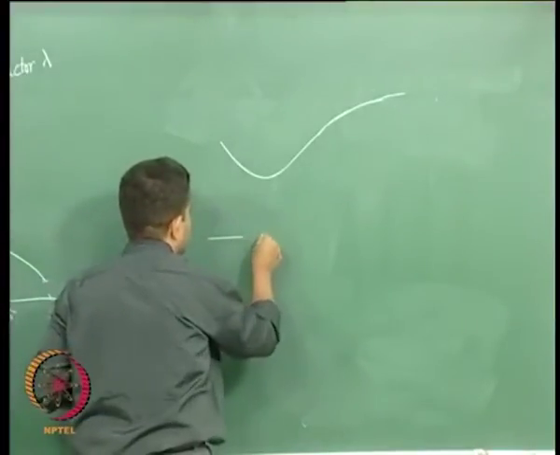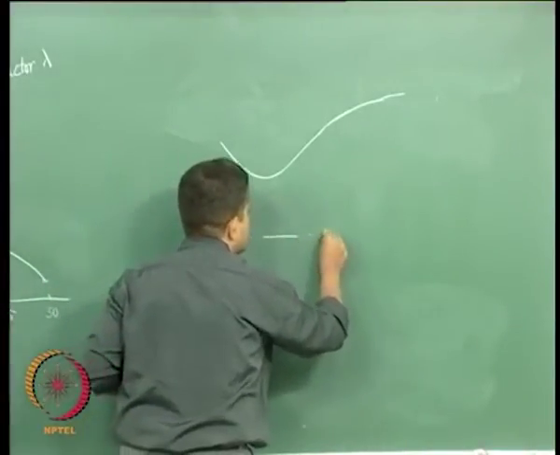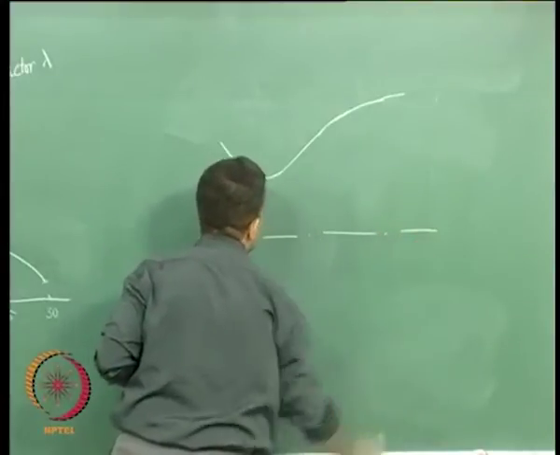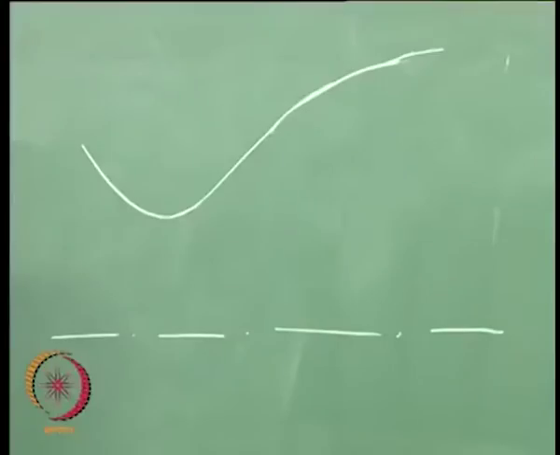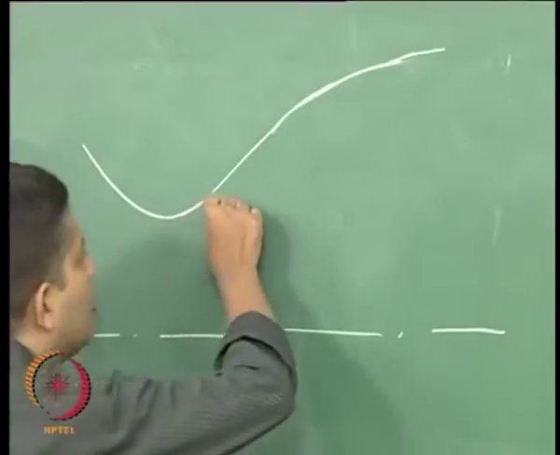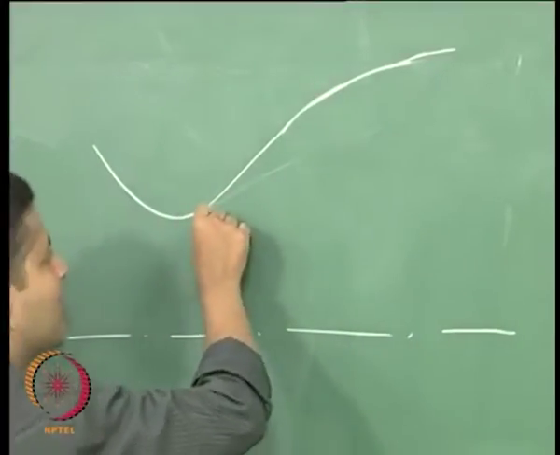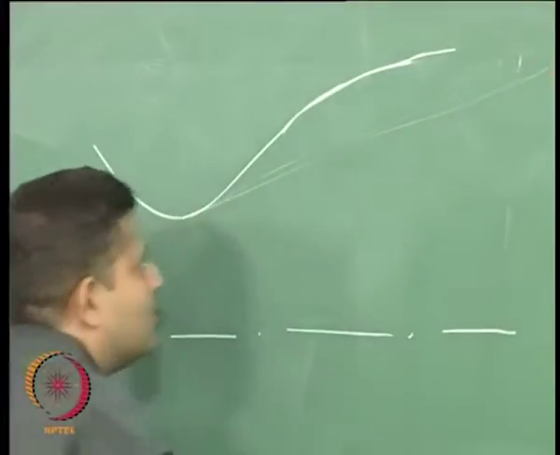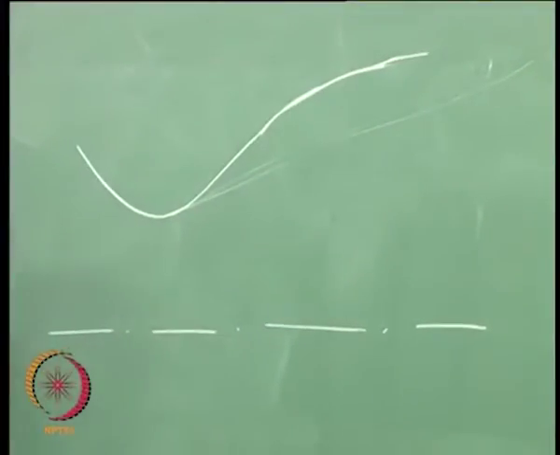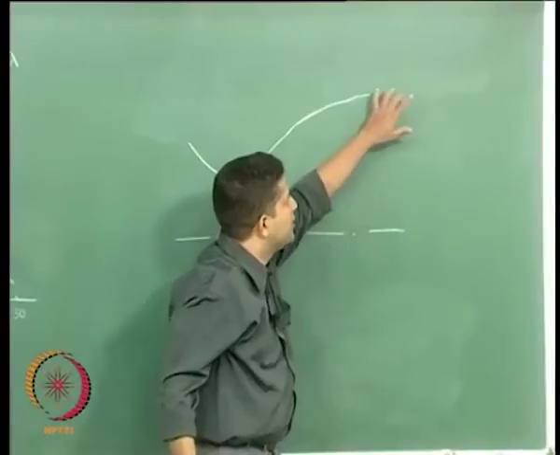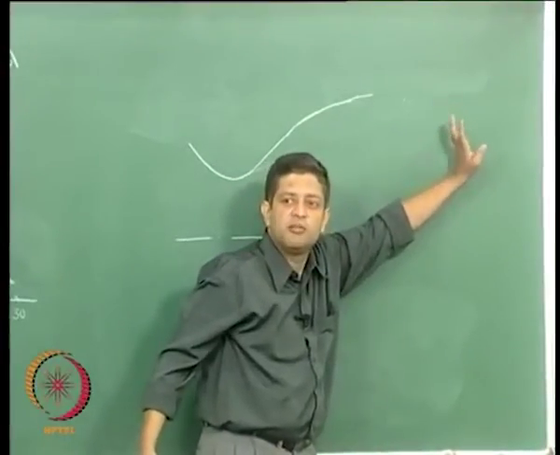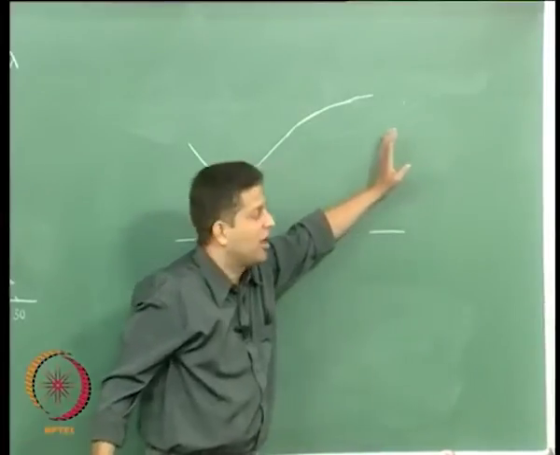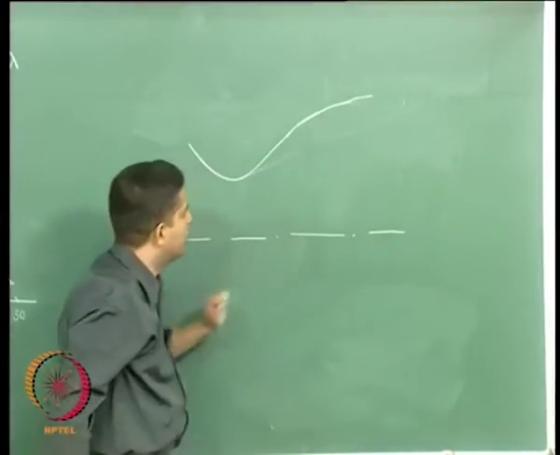Suppose this were the axis, then you could have a nozzle like this instead of the conical nozzle, which would have been something like this. So, you see that if you want to get to the same exit area, your length of the conical nozzle will be much longer, and if you have a bell nozzle, you will shorten it.